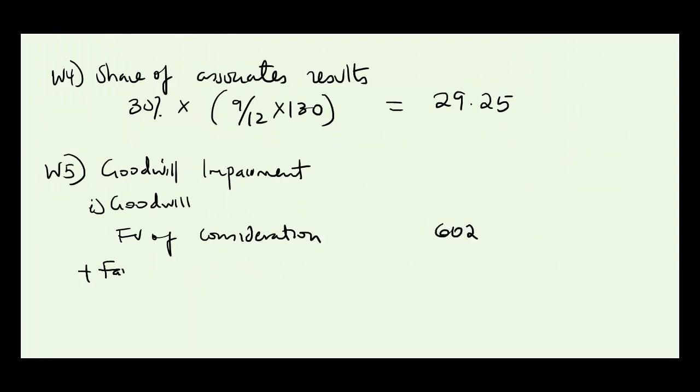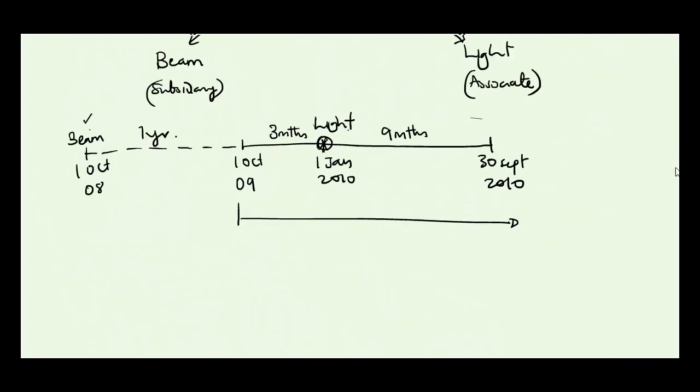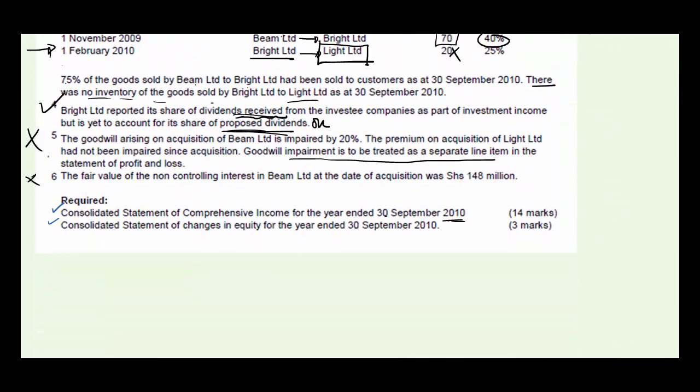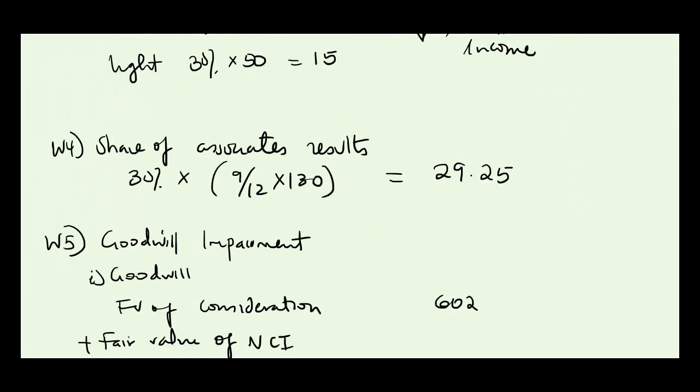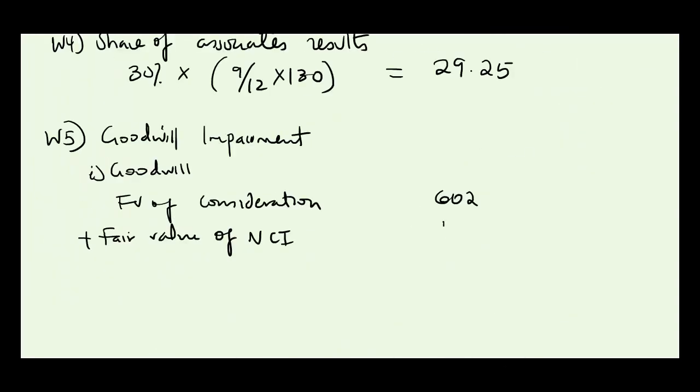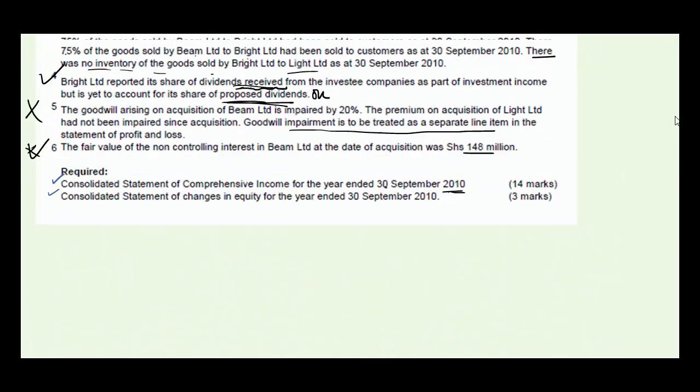To this, we add fair value of NCI because we are using the full goodwill method. The fair value of NCI is actually given to us in note number 6. The fair value of NCI at the date of acquisition was 148. And then you less the total net assets at acquisition date given to us in note number 1.